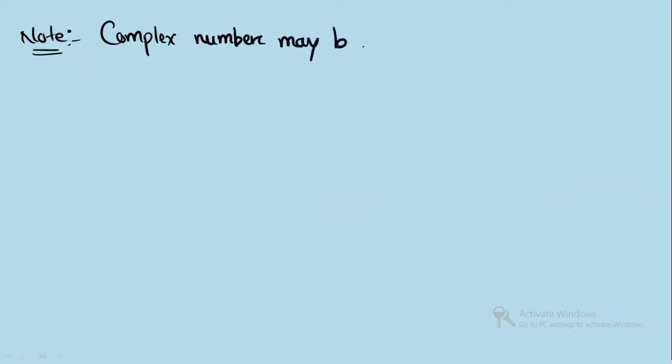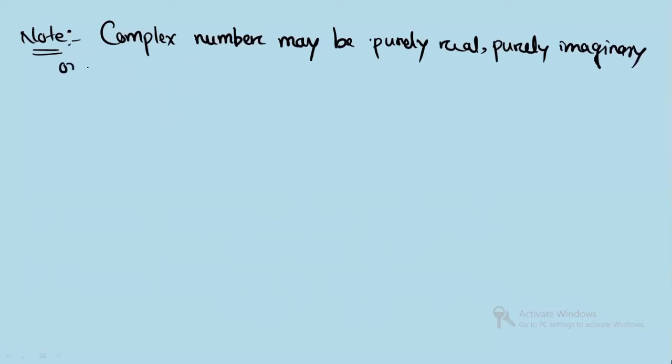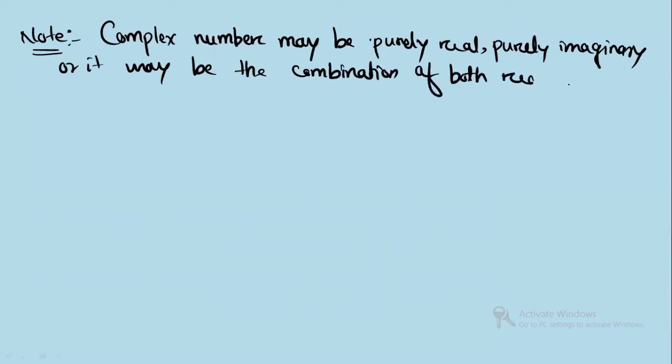Here we can write a note that a complex number may be purely real, purely imaginary, or may be a combination of both real and imaginary. All right, so this was the Cartesian representation.